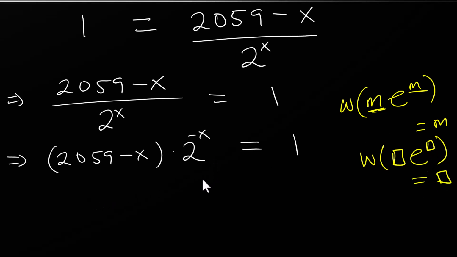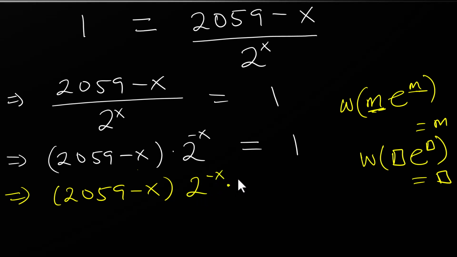Now let's observe this. We want to introduce something here, but we have to make sure this 2059 minus x, okay, we have to make sure we get the same thing here. Now we have minus x here, but 2059 is missing here. So what we are going to do is to balance this by multiplying both sides by, so we have (2059 minus x) to the power minus x.